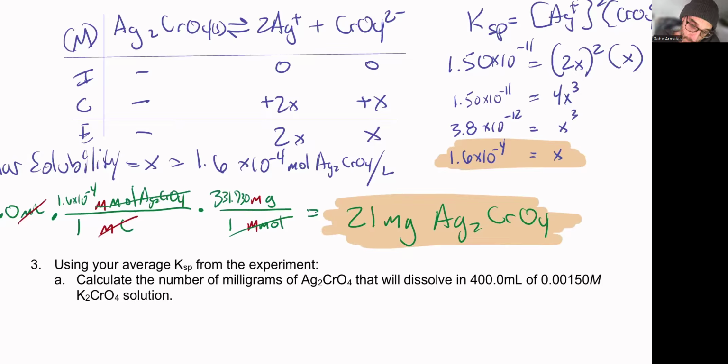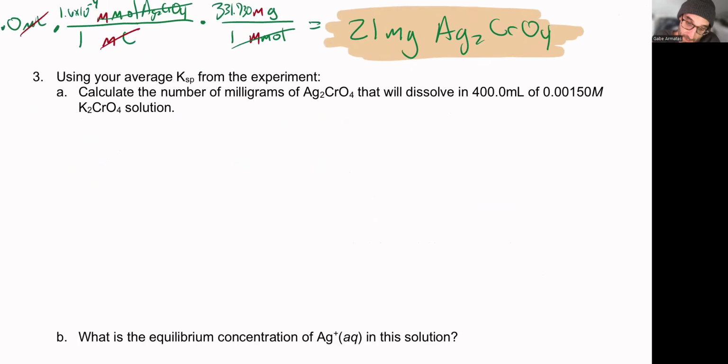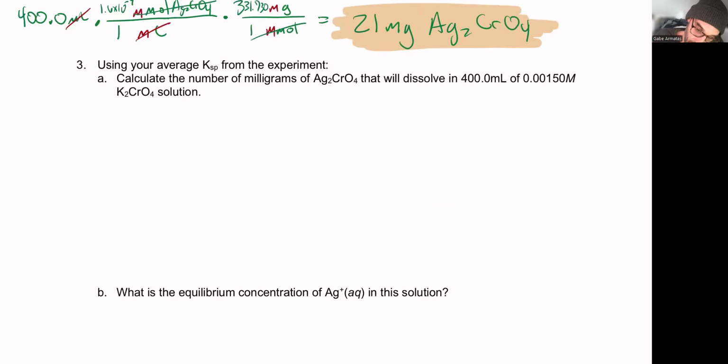All right, next up, using your average Ksp, calculate the number of milligrams of Ag2CrO4 in 400 mL.